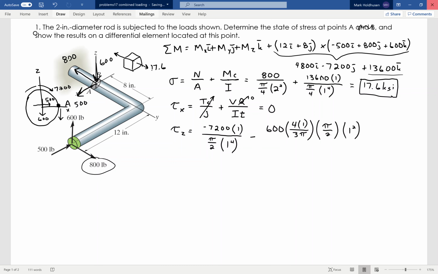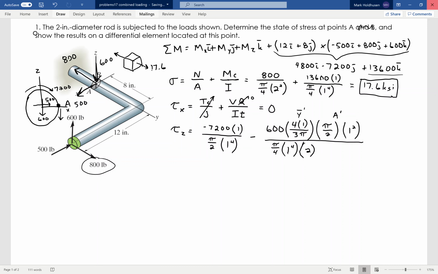So that's VQ, because this is y bar prime, this is A prime, which gives Q. I, for a circle, is pi over 4 r to the fourth. And then t is the thickness, which at this point is just the diameter of 2.